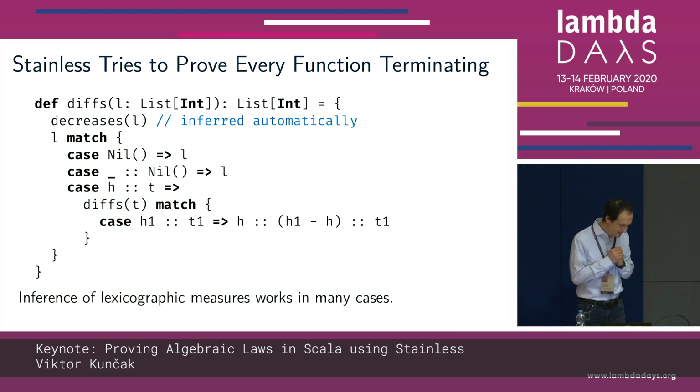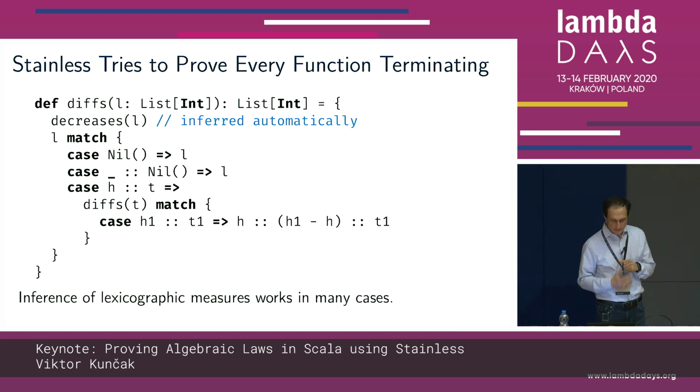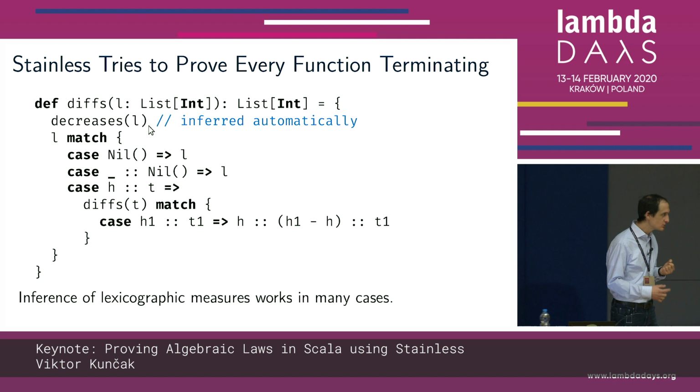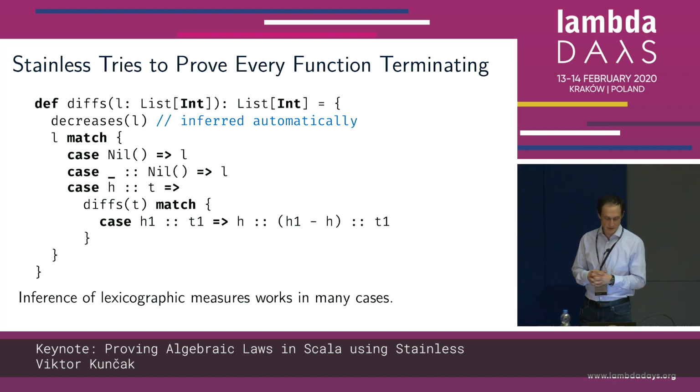The second remark in my talk is about termination. I mentioned that Stainless automatically proves termination of functions. It turns out that the way it does it, it tries to infer measures on the arguments, typically lexicographic measures on sizes of these arguments.